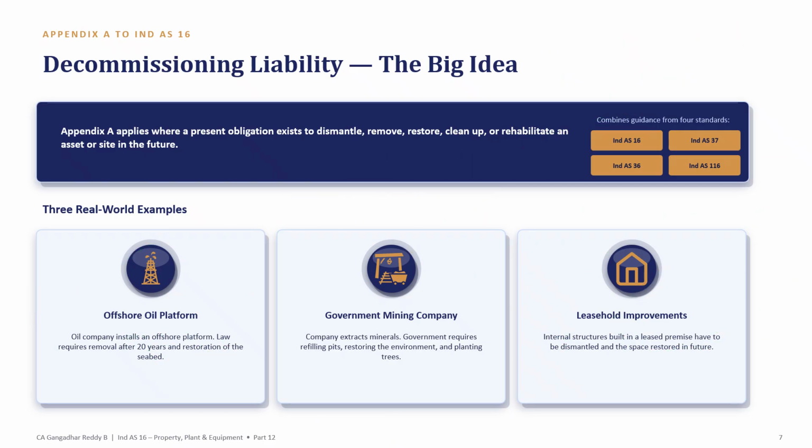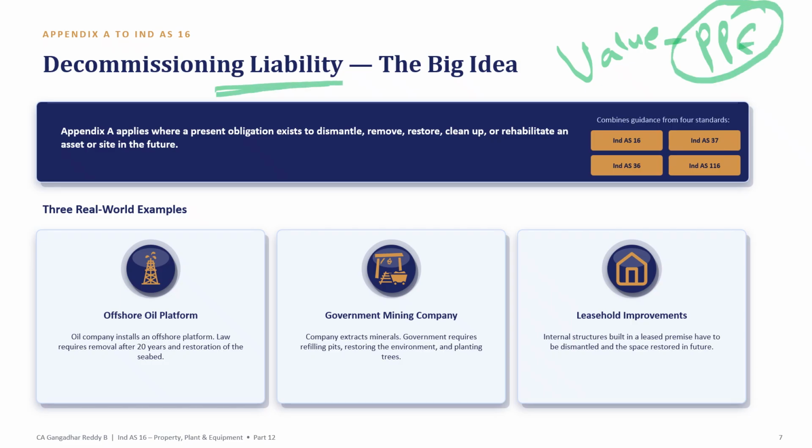We already discussed in the previous classes how we value PPE, but today we will discuss the liability. Why are we discussing liability in IND AS 16? Because this liability arises due to PPE only.